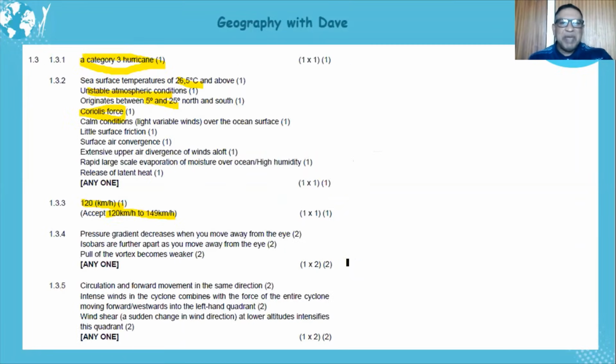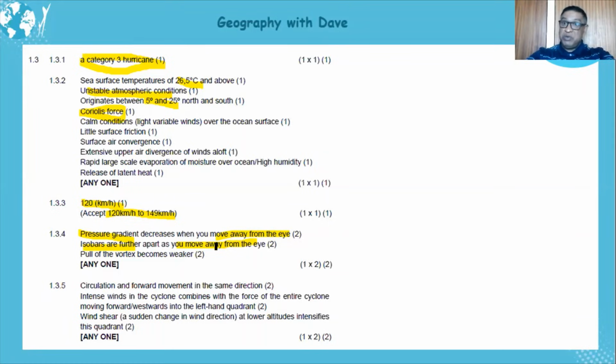Let's look at the basic stuff here. The pressure gradient decreases when we move away from the eye. That will decrease wind speeds. It's a basic thing. Or isobars are further apart as you move away from the eye, because when that air gets displaced up there, the cold air gets displaced, when the warm air comes in, reducing the pressure.